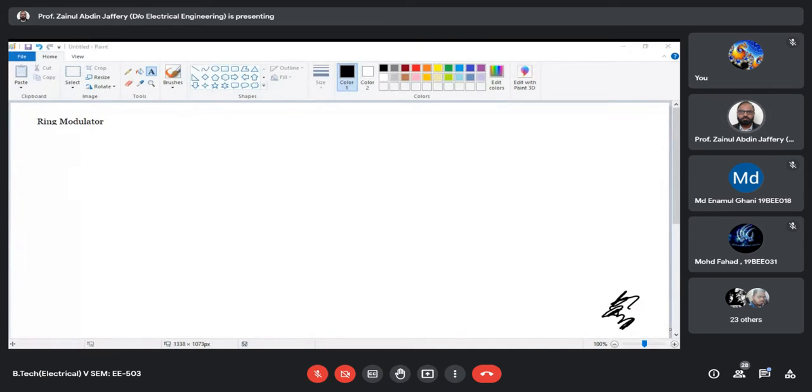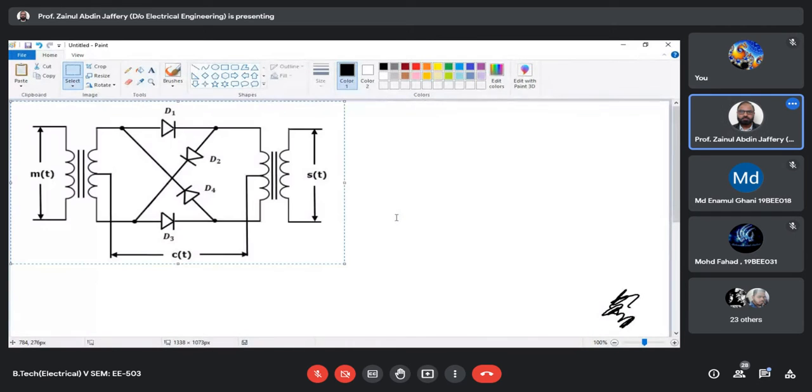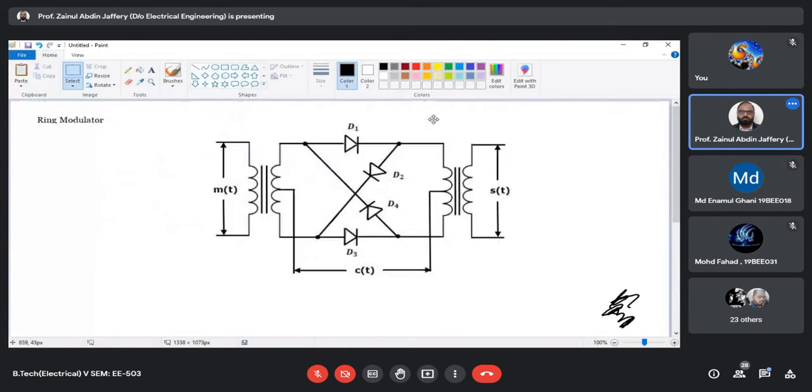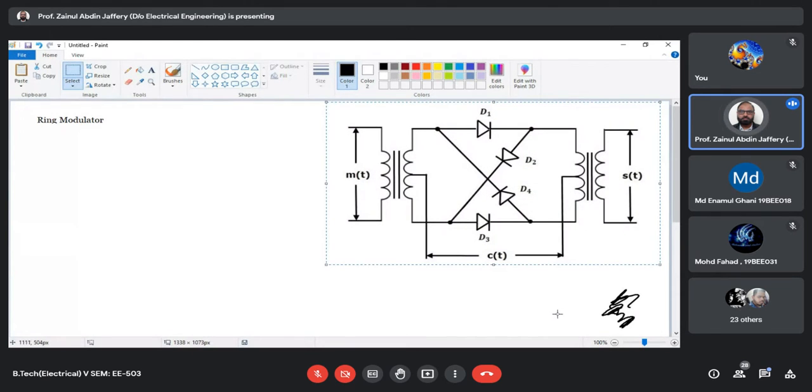So this is a circuit for ring modulator. This is a circuit for your ring modulator.